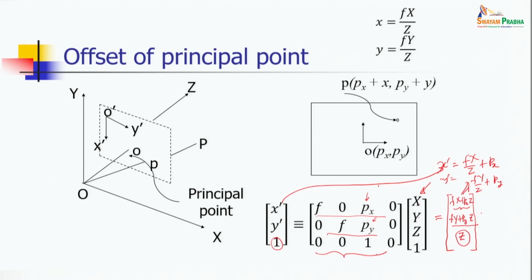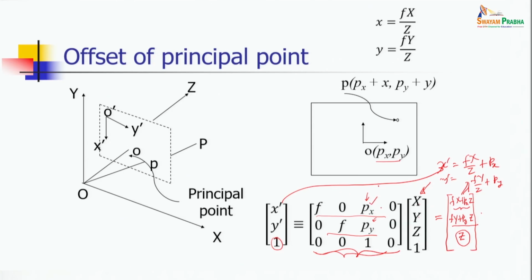That is why this transformation matrix itself takes care of the offset of the image coordinate system, or the offset of the principal point, with coordinates px py.